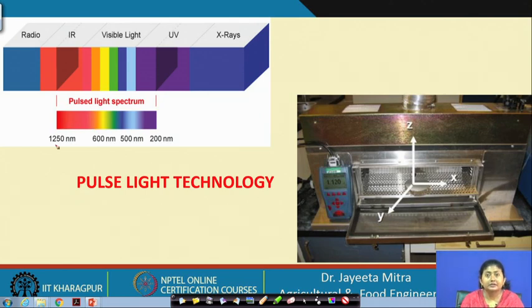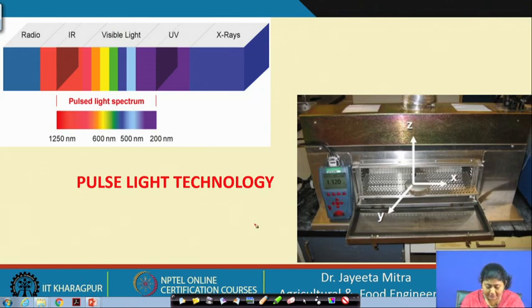Although how pulse light inactivates microorganism is not fully understood, whatever may be the case, UV is definitely playing a significant role in decreasing the microbial contamination on the surface using the pulse light treatment.